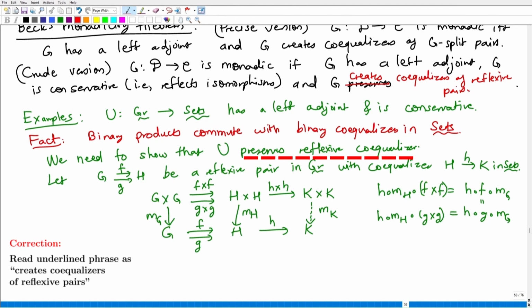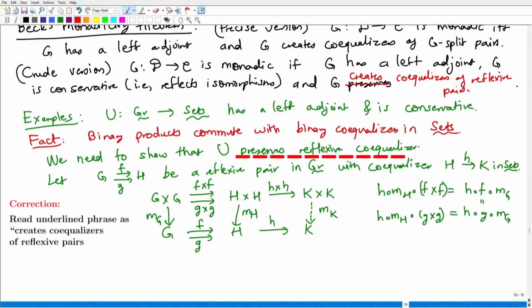For example, associativity of this MK. MK is a binary operation that is associative. It will follow from associativity of MH. Similarly, identity exists for MK, that will follow from identity exists for MH, and so on. Everything will just follow from this co-equalizer diagram. Yeah, you have to write more complicated equations, but everything is just here.